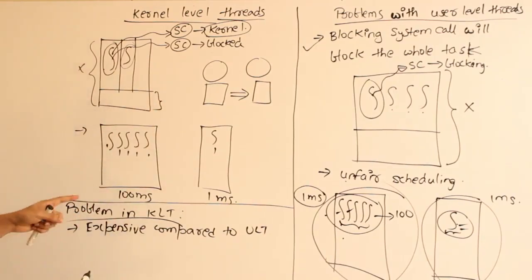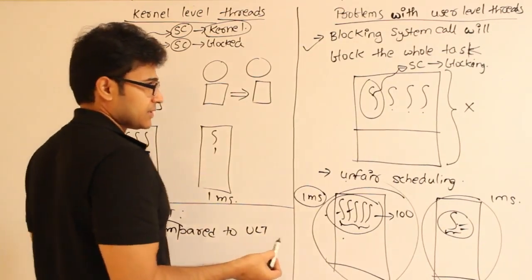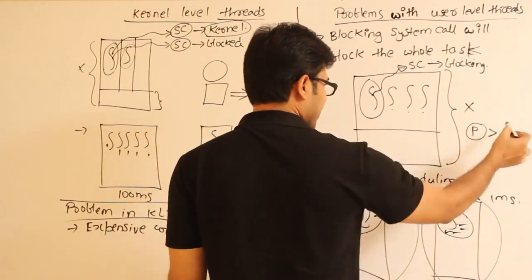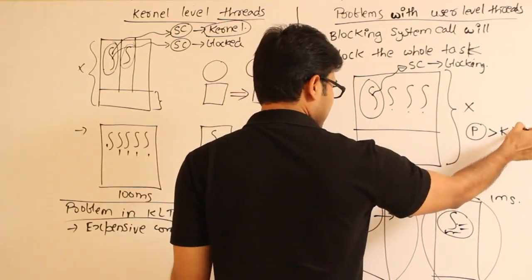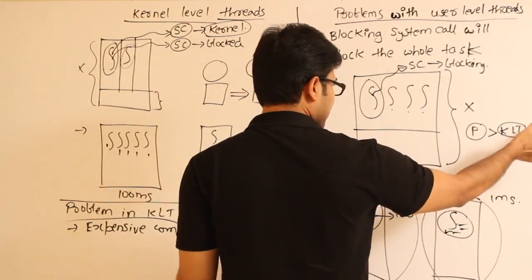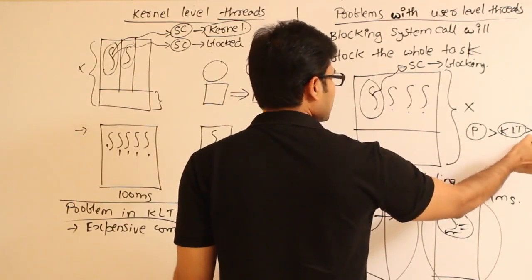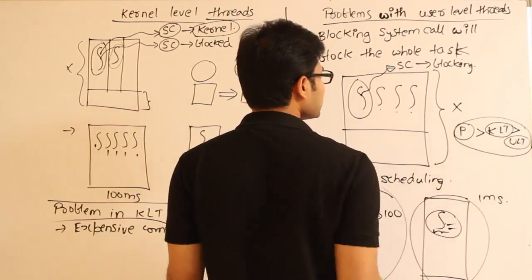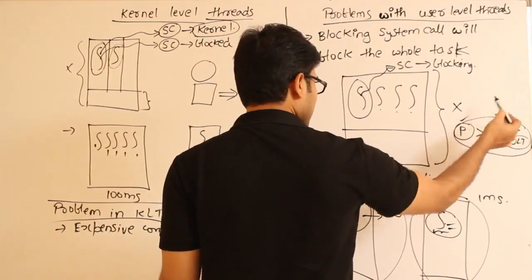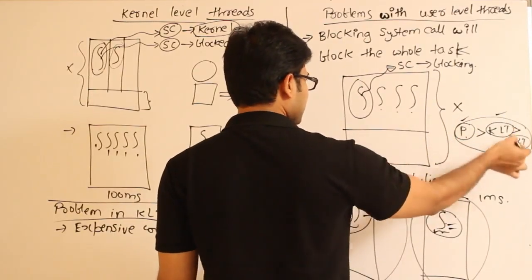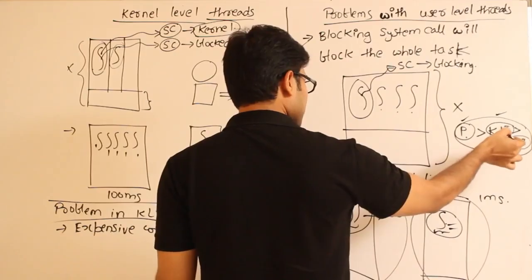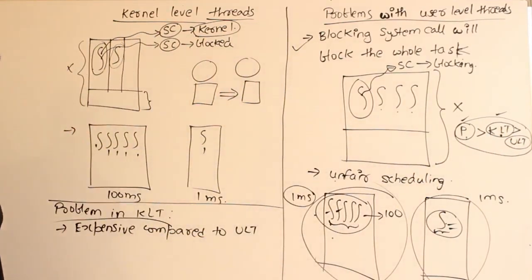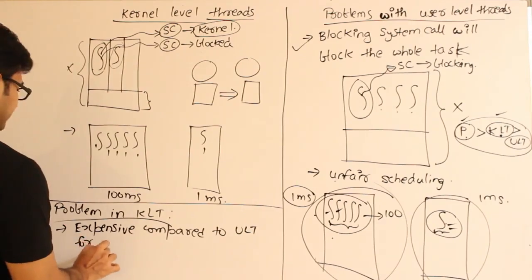Therefore, creating processes is more expensive compared to creating kernel level threads, and creating kernel level threads is more expensive compared to creating user level threads, because user level threads are created by the user library without any system calls. Both of these need system calls, but this is a heavyweight process, and this is a lightweight process, therefore the cost is less here compared to this. Got it? So expensive compared to user level threads for creation, isn't it?